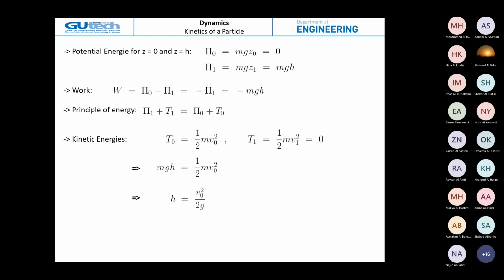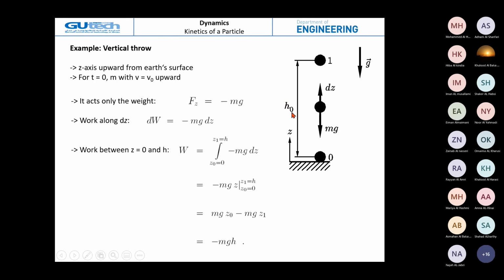The potential energy at 0 is only mg multiplied by z0. As z0 is equal to 0, its potential is equal to 0. Now at time t1, the potential energy is the same expression mg z1, and z1 will be equal to h.